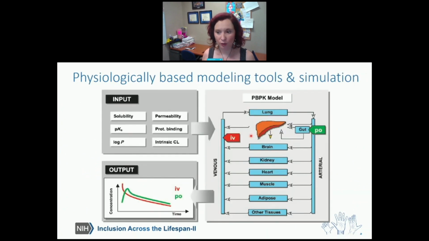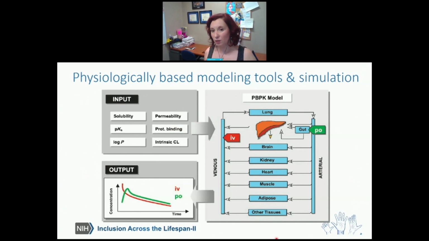Fortunately, we all live in the digital age, and even when clinical trials in a particular patient subset may not be feasible, there are now technological platforms such as physiologically based modeling computer tools that can aid with data simulation that can spark additional data analysis and interpretation. For example, in a PBPK model like this one, the physiochemical properties of a drug can be entered into a computer algorithm.